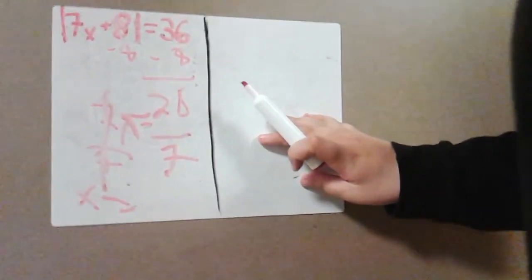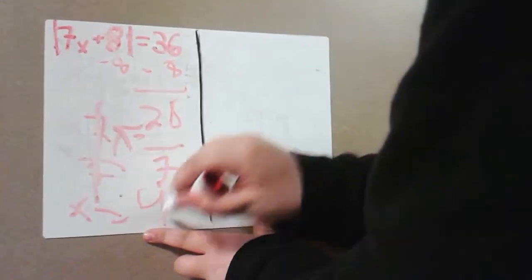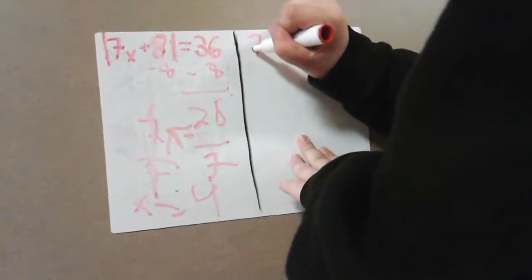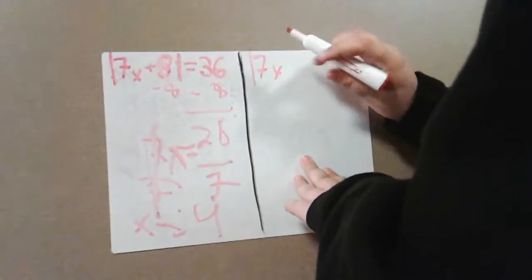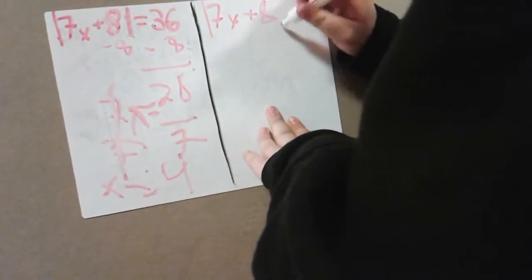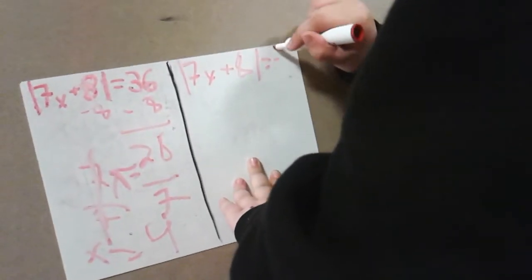Okay, so x equals 4. There's the first half of the problem. Then 7x plus 8 equals negative this time.